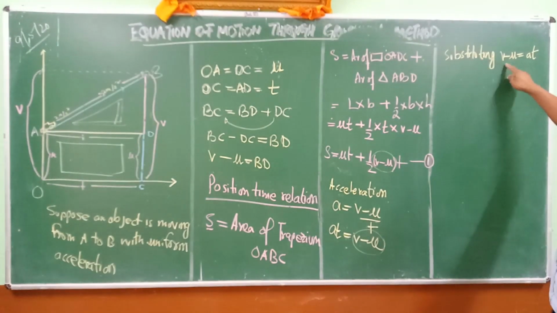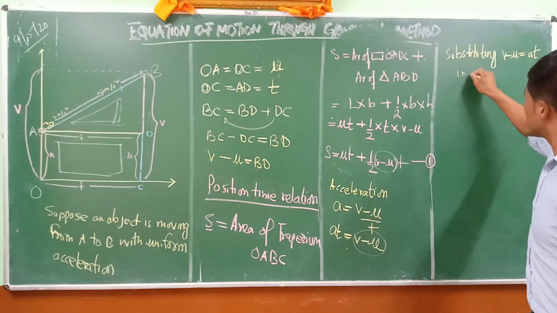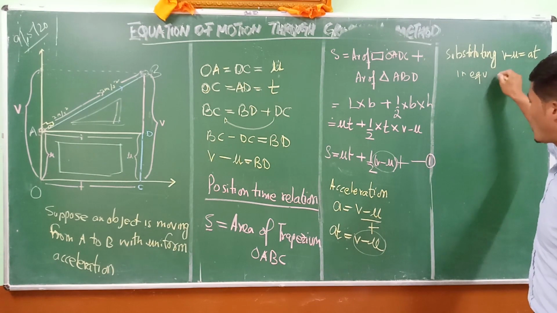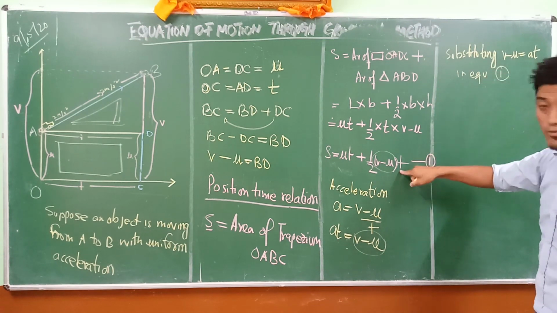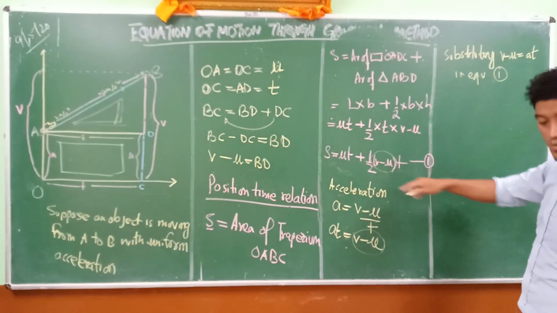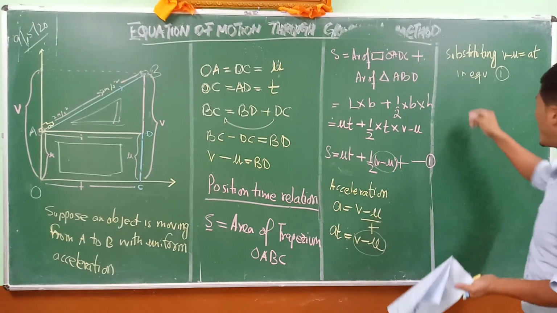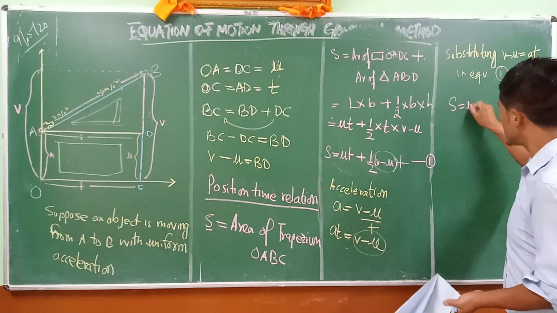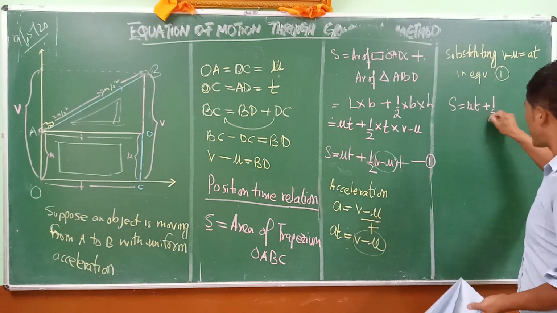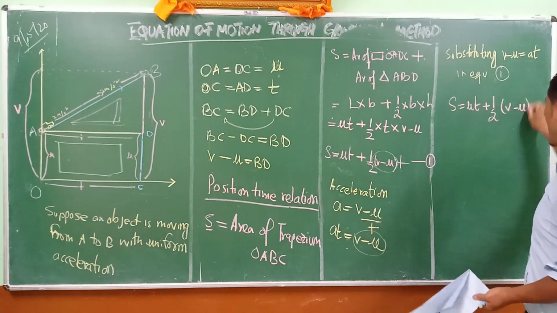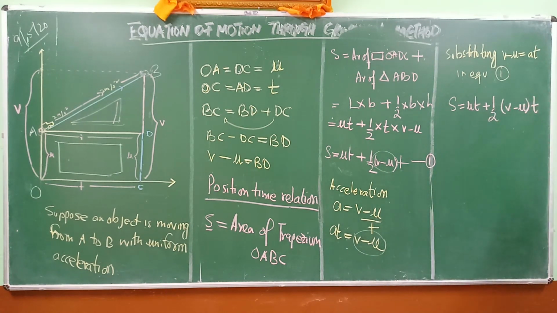Right? Substituting V minus U is equal to AT in equation number 1. I'm going to copy this equation once again. S is equal to UT plus half V minus U upon what? Into T. Now instead of writing V minus U, I'm going to write AT here. So what will I get?